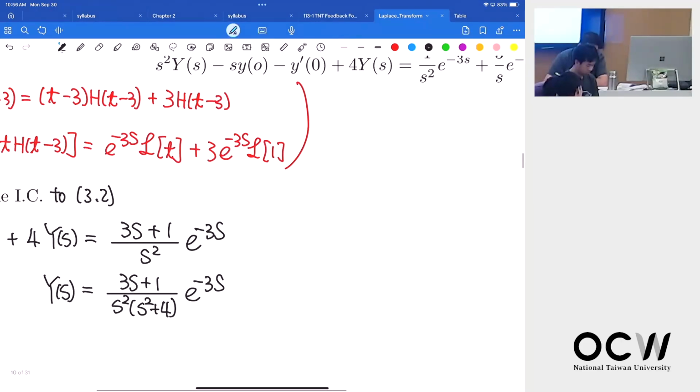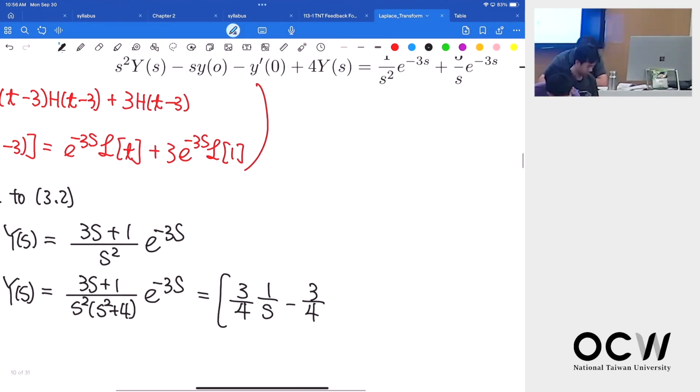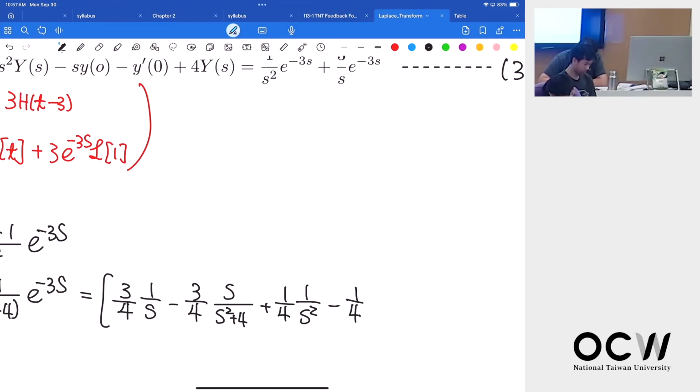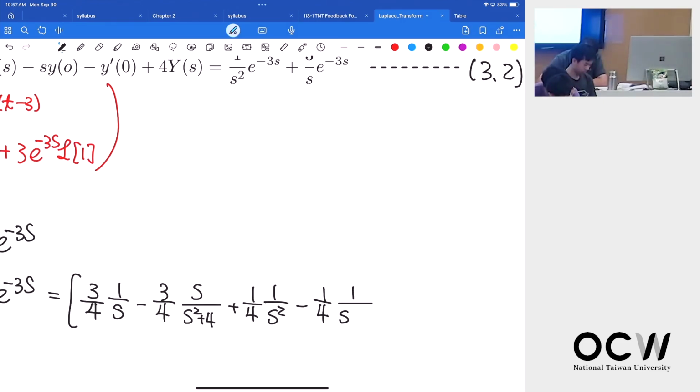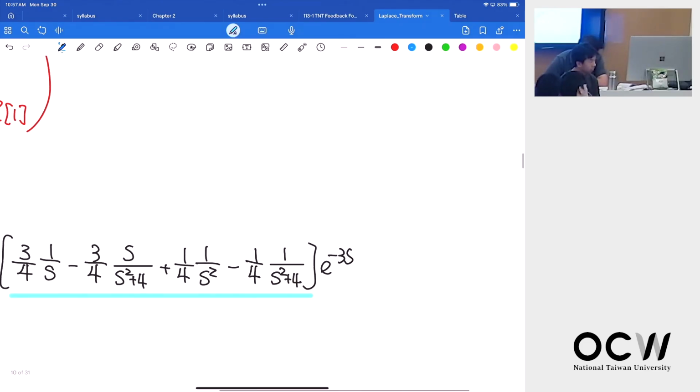You can use the partial fractions decomposition to get 3 over 4 times 1 over s, and the second term. So this is the partial fractions decomposition.